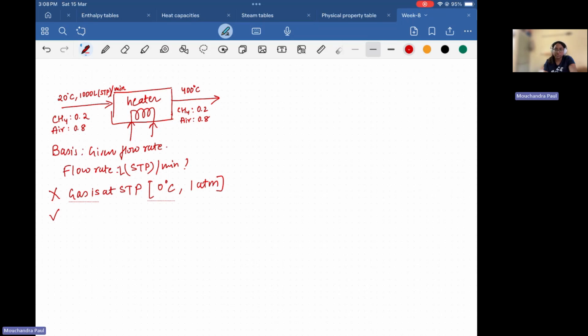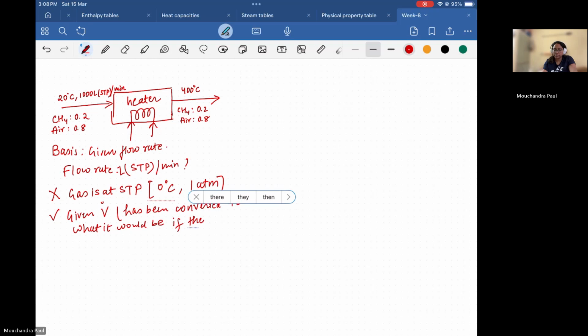we are given the volumetric flow rate which has been converted to what it would be if the gas is at STP.